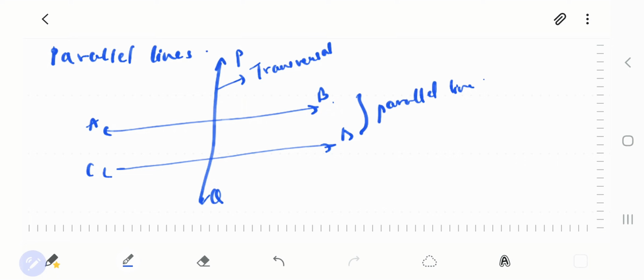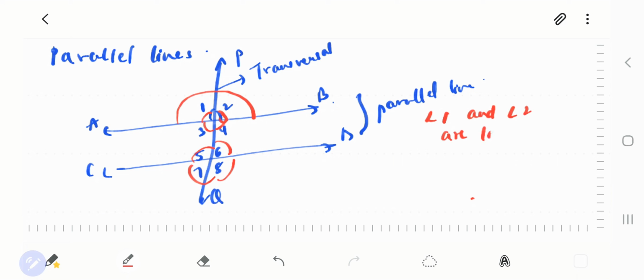If, my dear kids, these are the angles formed, so can I name it as angle 1, 2, 3, 4, 5, 6, 7, 8. So these are the angles formed. As you can see very well. Now angle 1 and 2 are linear pair, that is the angles formed on one line.